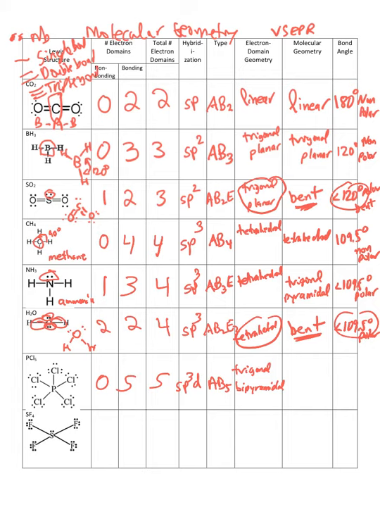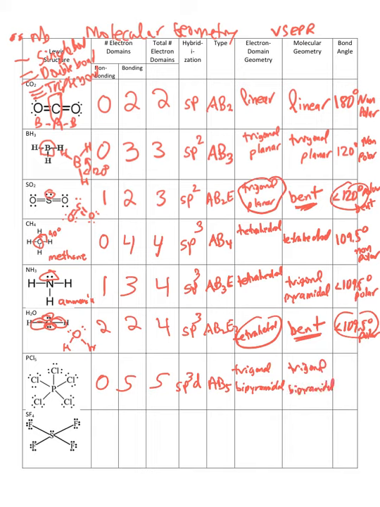It's 2 three-sided pyramids, but base to base. So once again, look at a picture in your book, or look at some models to try to visualize this. Since there are no non-bonding pairs of electrons on the phosphorus, the molecular geometry and electron domain geometry are the same. So it's trigonal bipyramidal.